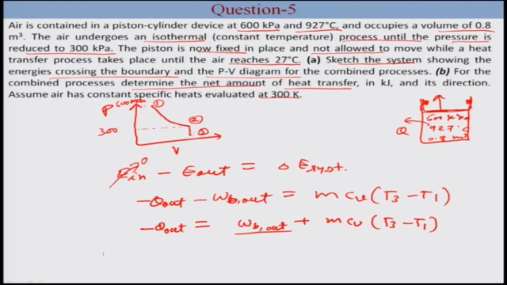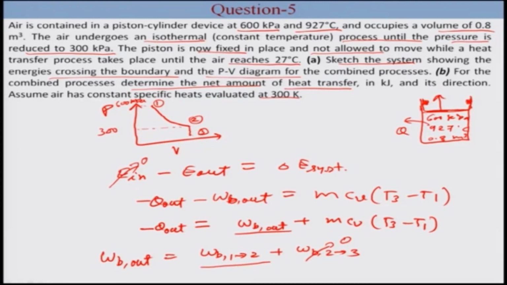So total work W_b,out will be W from the state 1 to state 2 plus from the state 2 to the state 3. So this is an isochoric process, so the work done will be 0 because volume is constant. The only work done by the system is during the isothermal expansion.